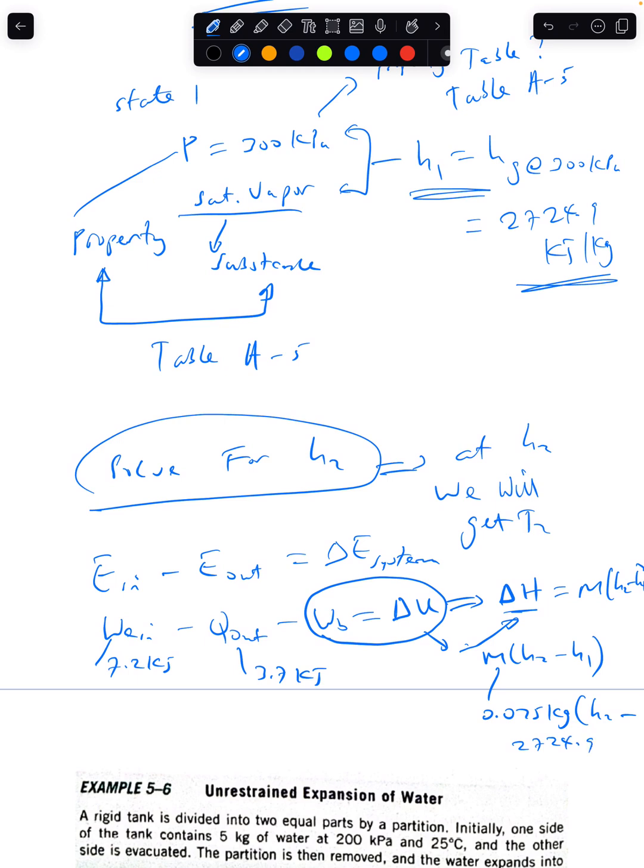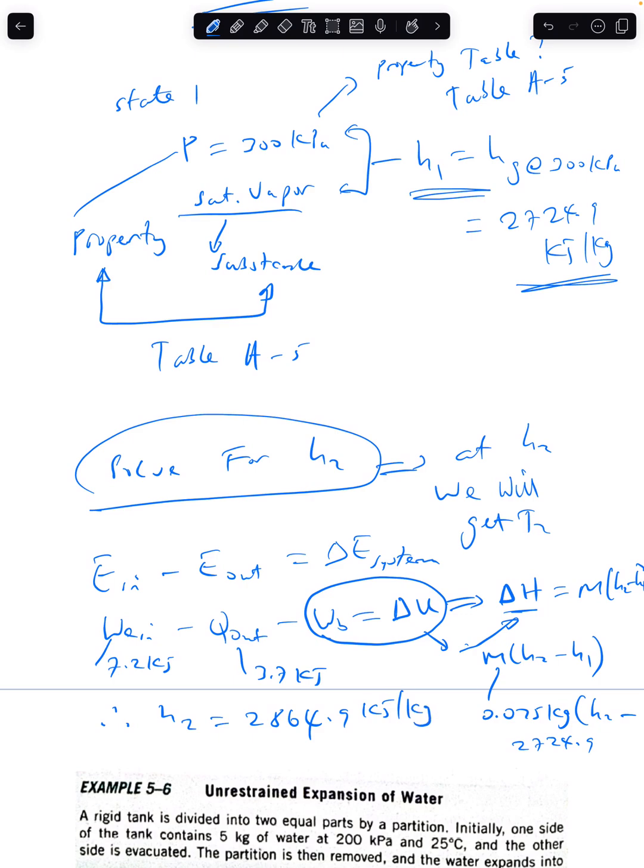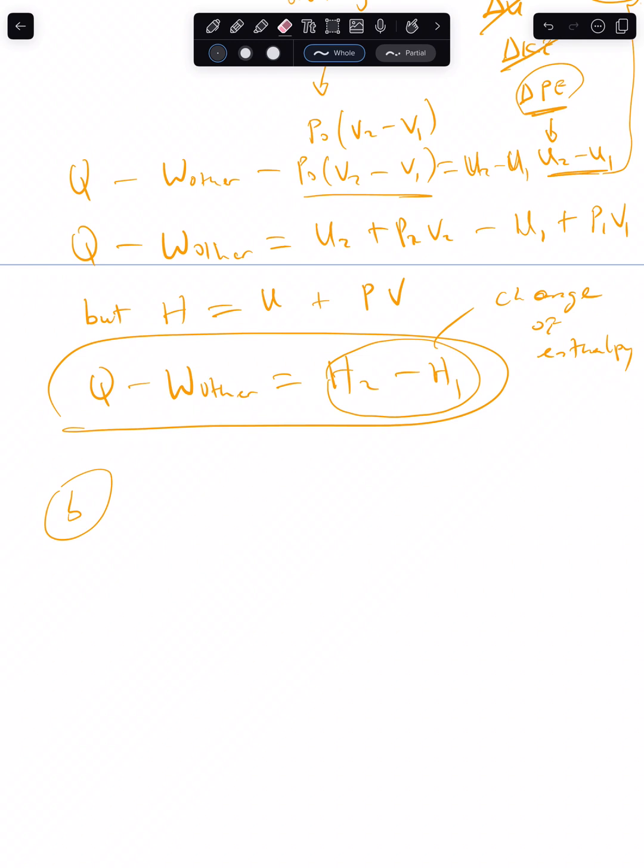It therefore means that my H2, which is enthalpy at point 2, can be 2864.9 kilojoules per kilogram. Now I go to my property table.